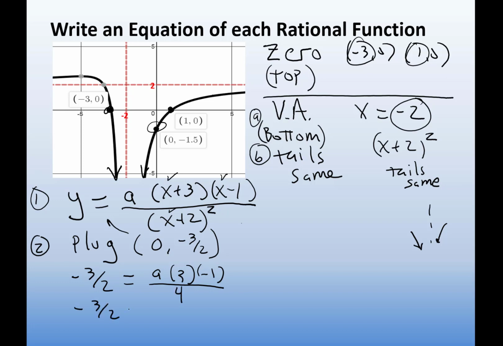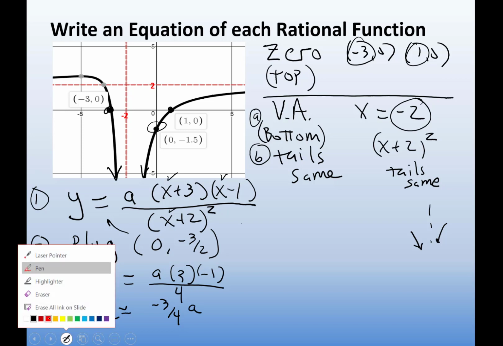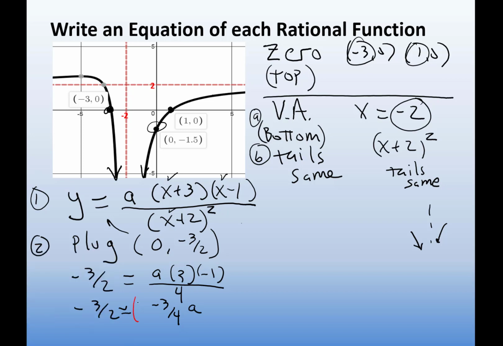So -3/2 is equal to -3/4 times a. And now I want to get a by itself. Well, I'm going to multiply by -4/3 on both sides.